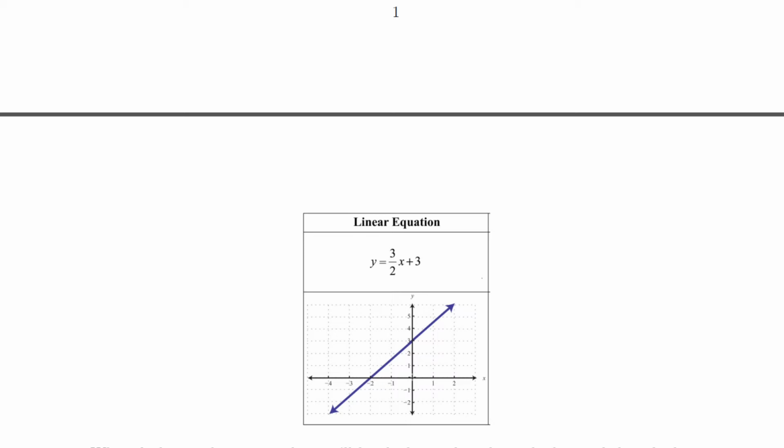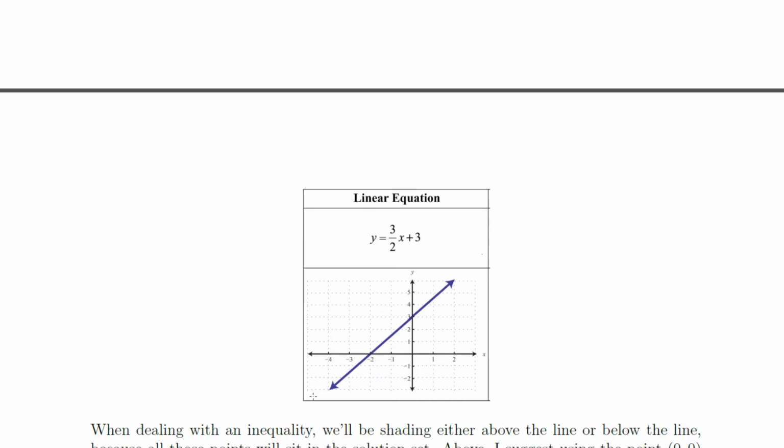It can be either of these entire areas. So that can be in our solution set. So we have to figure out which it is. So remember, we have to find the line to draw the line. And then when we deal with the inequality, we're trying to figure out which half of the plane we have to shade in. Is it this half above the line, or this half below the line?